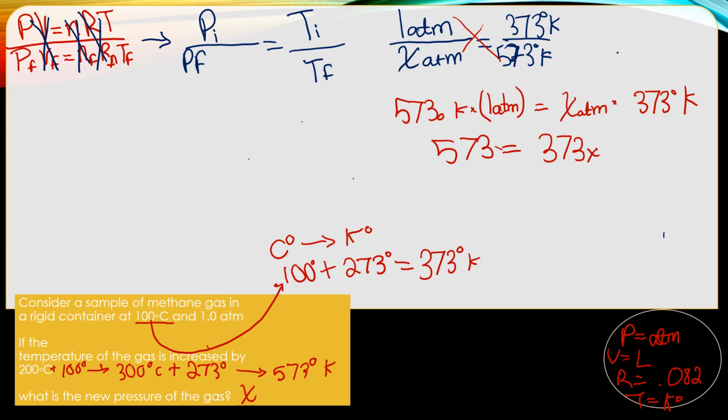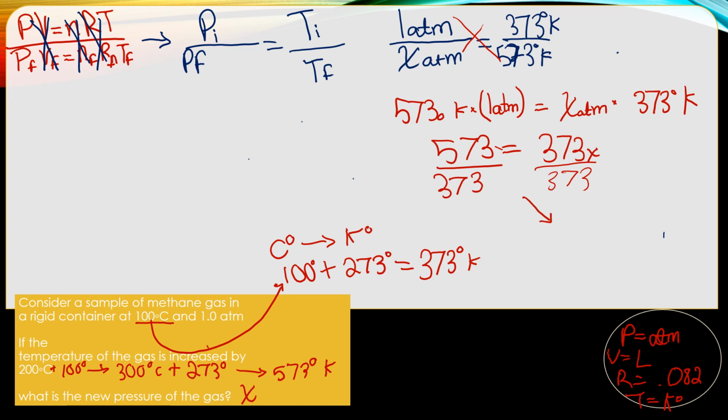In order to do so, we are going to divide 373x by 373, and we're going to take 573 and divide it by 373.